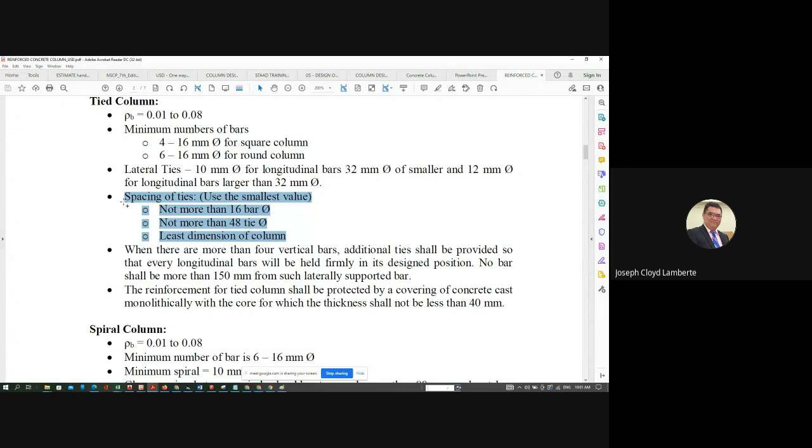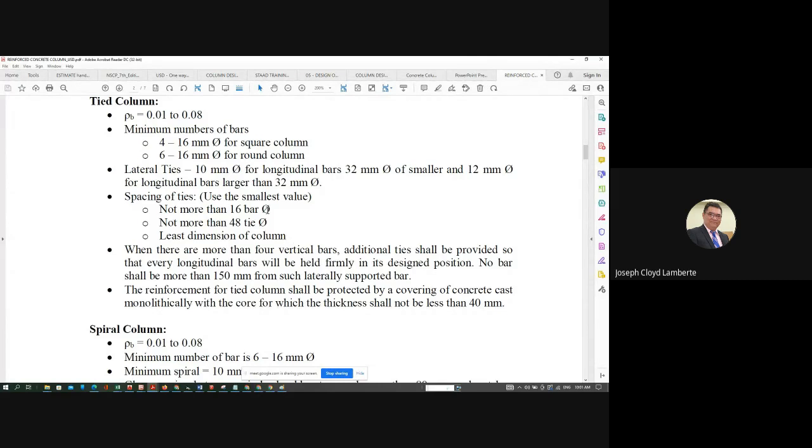So 16 times the diameter of the main reinforcement, or 48 times that size of the ties, the 10 mm or the 12 mm, or the least dimension of the column.